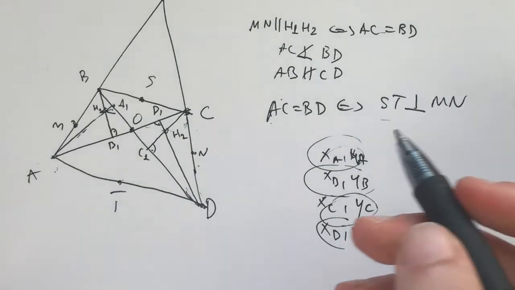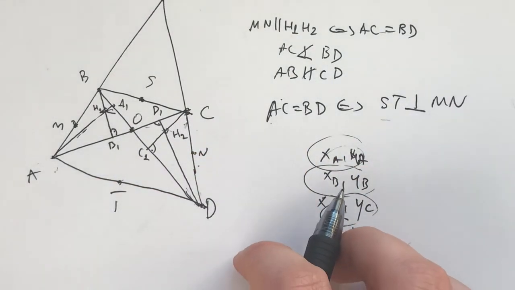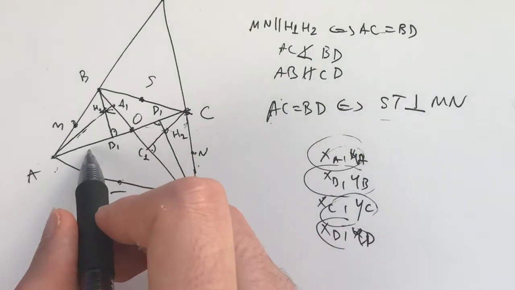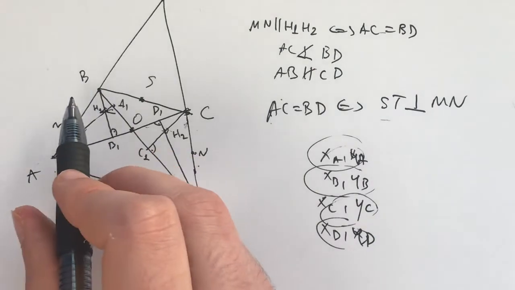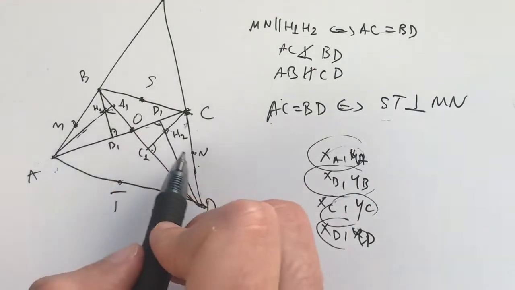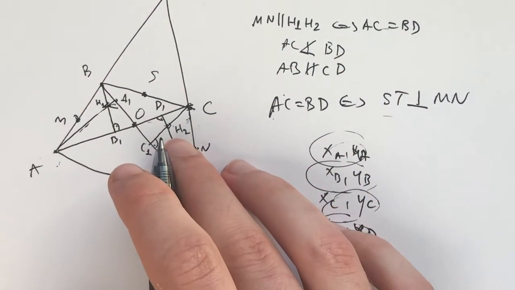It is quite difficult. You would have degree 3 or 4 the last time I checked. To have AC equal to BD would be of degree 2, and then you'd have a degree 4 equation here. So I don't know how you would do it, but it is doable. But now back to the main idea.